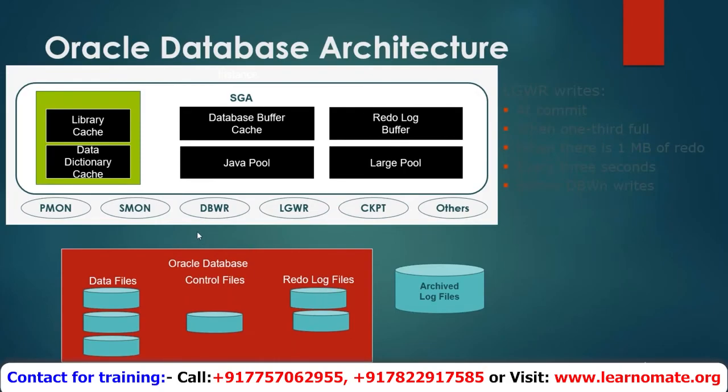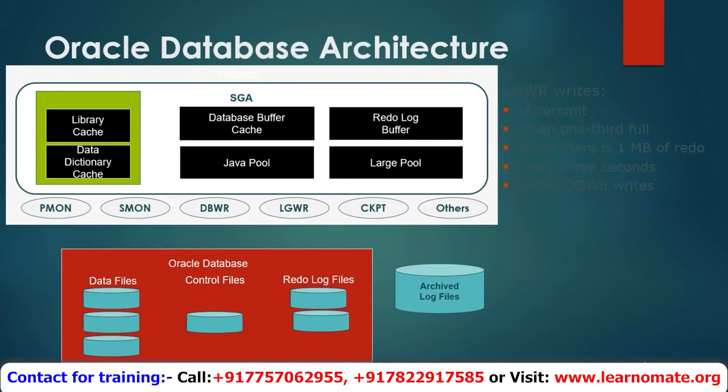DBWR stands for database writer. The database writer process helps in writing the data from the database buffer cache to data files. So the buffer gets dirty over here, and then using the database writer process, the data gets actually reflected in data files.